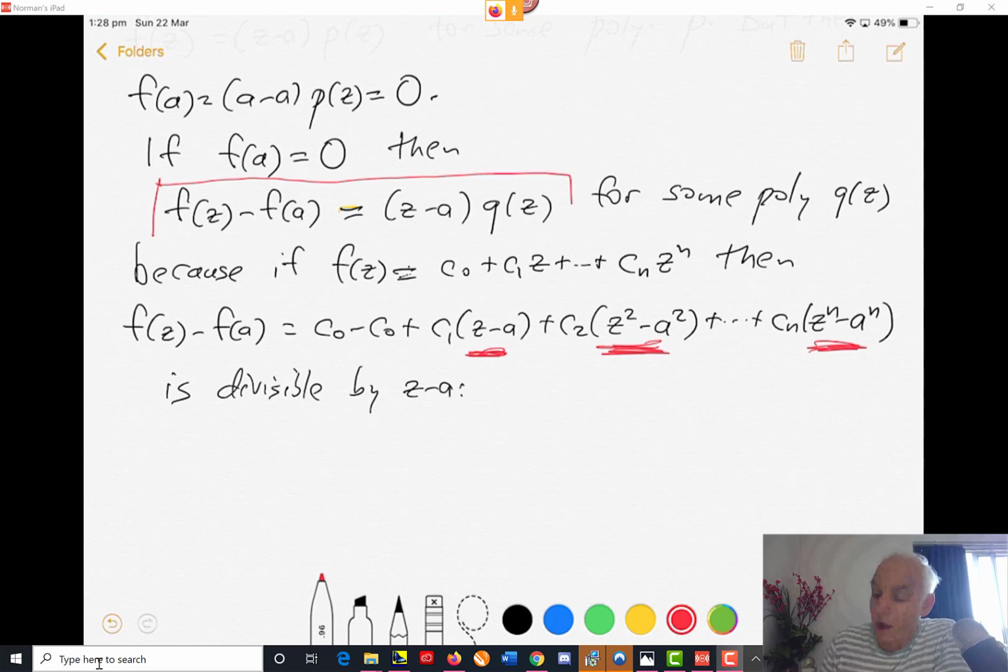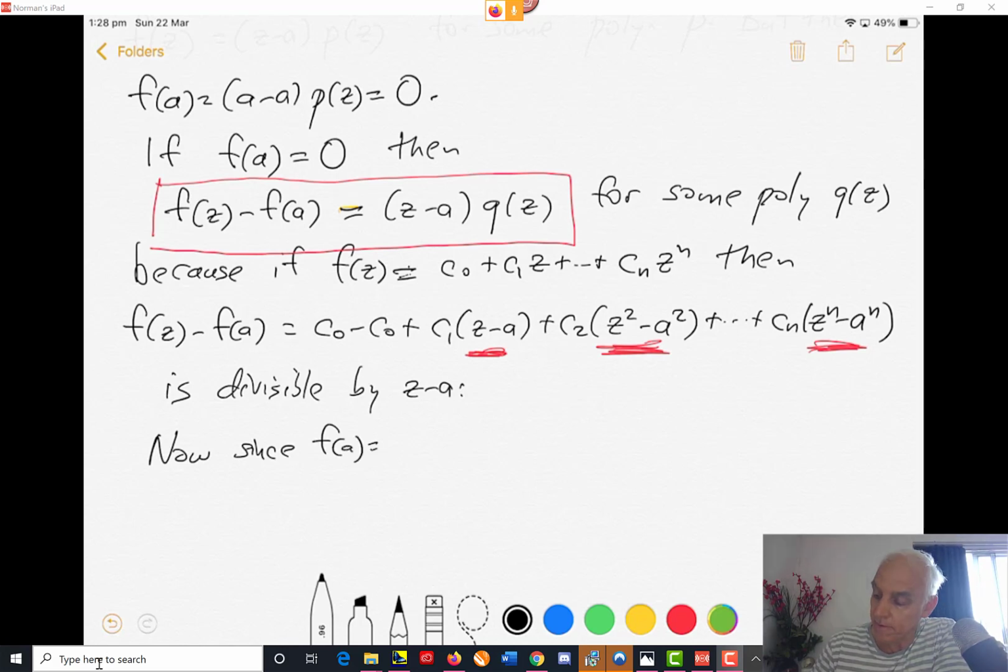So that establishes this claim that we have. And now, we haven't used the fact that f of a equals 0, so now, since we're assuming that f of a equals 0, this becomes f of z minus 0. In other words, f of z equals z minus a times q of z.